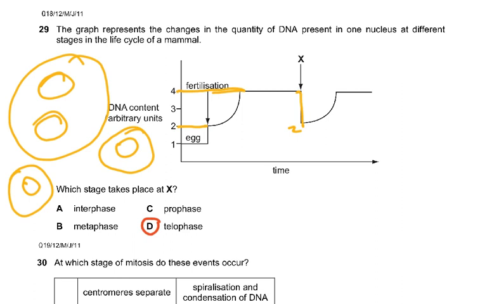So this is at telophase, because now it says DNA present in one nucleus, not in one cell. Because please remember, in telophase this is one cell, has 2n here and 2n here, so you have 4n in telophase. And then, of course, cytokinesis takes place and the two cells form.